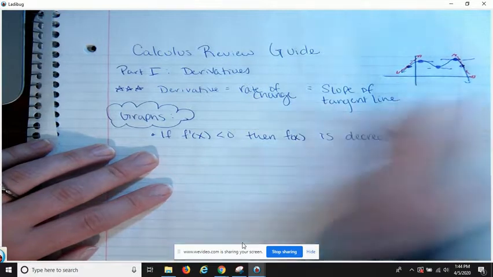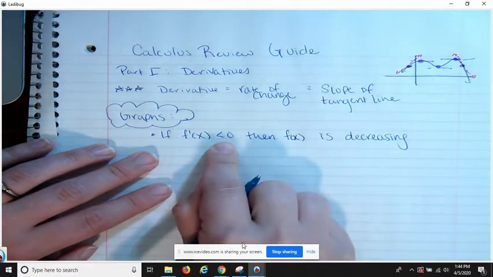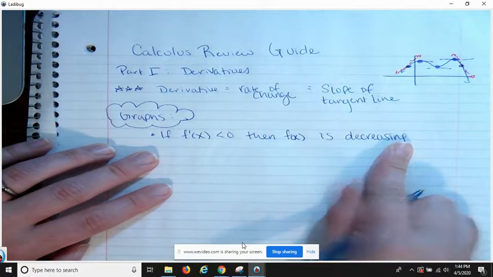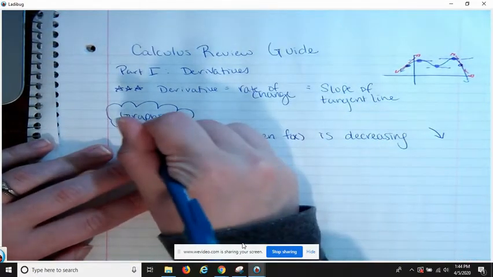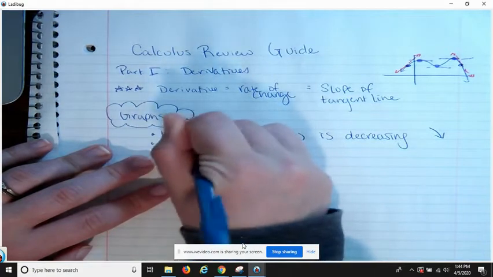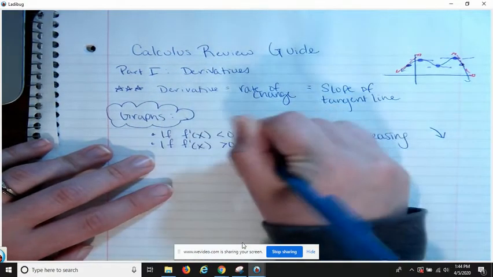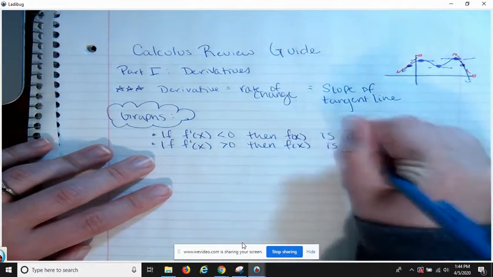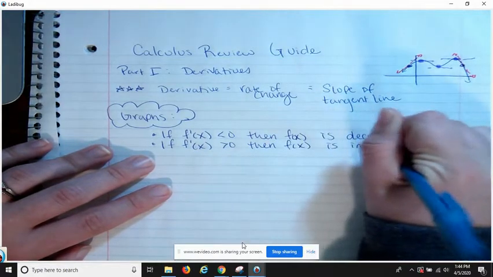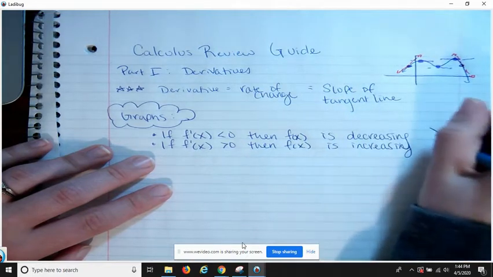Okay, so the derivative is less than 0, so it's negative. The actual function is decreasing, going down. Okay, similarly, if f prime of x is bigger than 0, then f of x is increasing. So going up in some way.